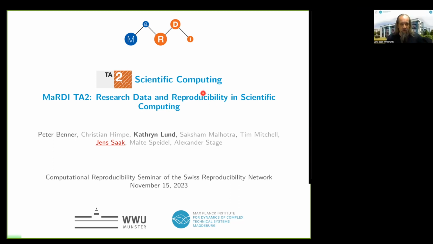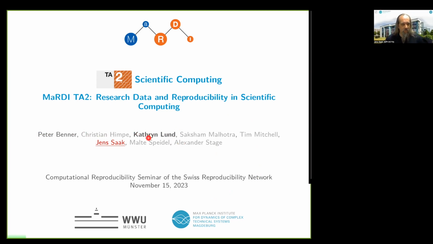Inside this task area 2, especially this benchmarking measure that I'm focusing most of my talk on, there are a couple of other people that have been involved. On the one hand, the principal investigator is Peter Benner, the director of our institute, or the mathematical department of the institute. I will be talking a bit about the model reduction benchmarking tool, which is what Catherine Lund is mostly working on, and so the majority of the work presented here is actually due to her.